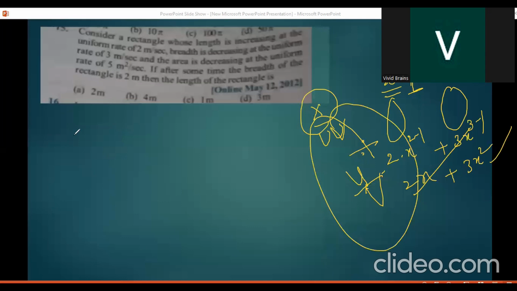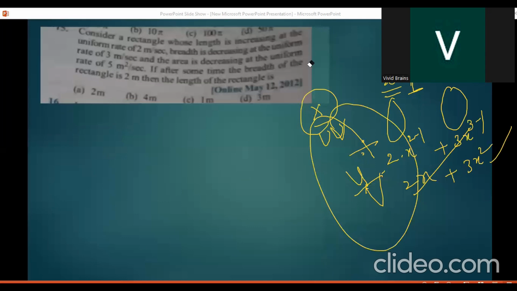That is 2 into x power 2 minus 1 plus 3 into x power 3 minus 1, so 2x plus 3x square. In this manner you can easily do them separately, either plus or minus. For multiplication I told the uv rule, and for division the u by v rule. Do it in the same manner. Got it? Very good.